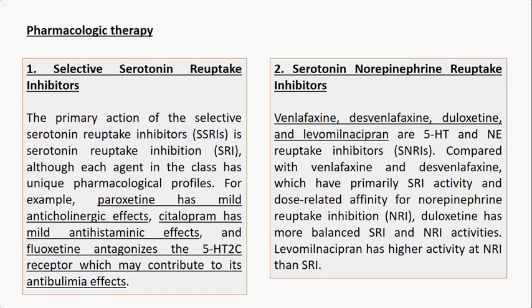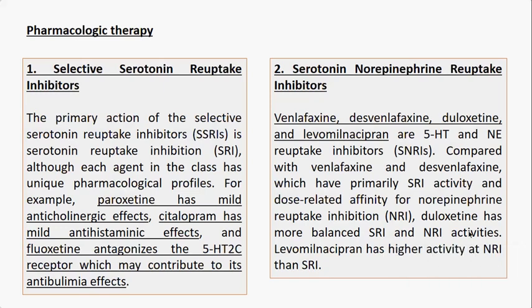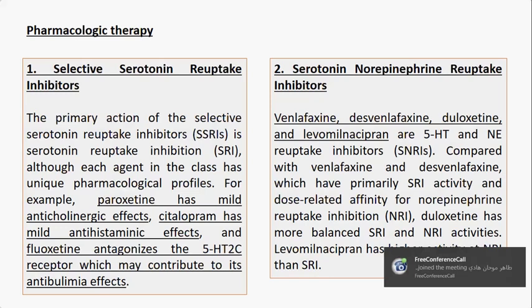Fluoxetine antagonizes the serotonin 2C receptor, which may contribute to its antibulimia effects. إذن مثل ما ذكرنا قبل شوية طلاب إنه هم الدروجز in the same class، لكن مع هذا نشوف أكو differences بالpharmacological action أو قد يكون حتى بالadverse effect. فنشوف الباروكسيتين and the anticholinergic effect, while citalopram has antihistaminic effect. Fluoxetine has antagonist effect on the serotonin 2C receptor, which may contribute to antibulimia effect.